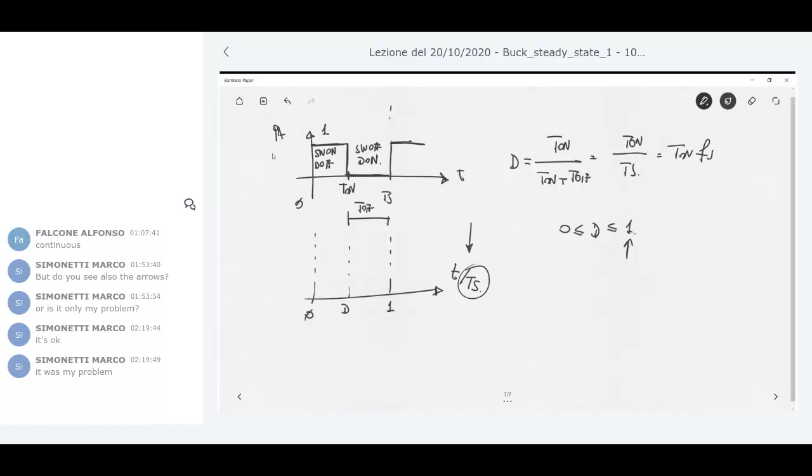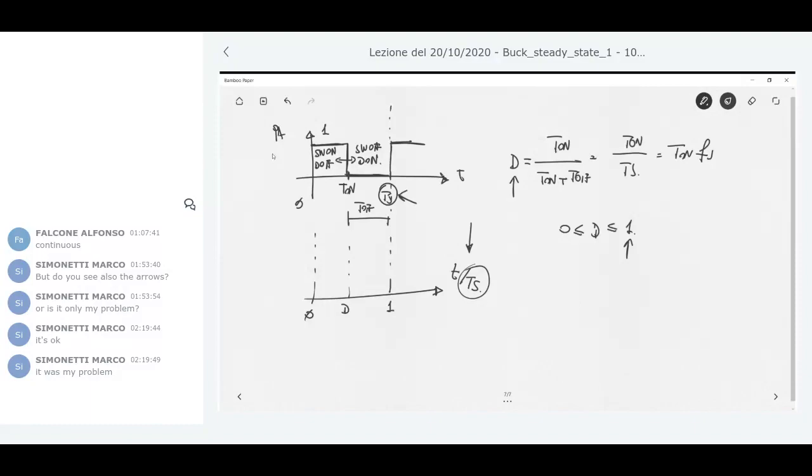Typically, and this is the discussion that I start from now for all the lectures, you can modulate the duty cycle in two different ways. Either you have a fixed Ts and you vary T on, or you have a fixed T on and vary Ts.